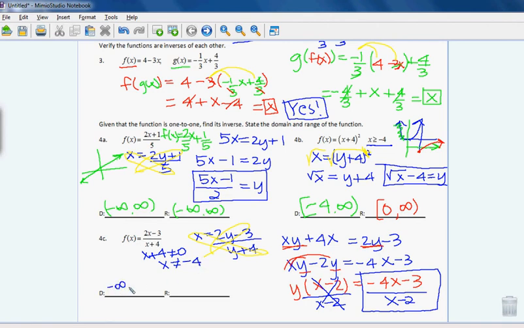Negative infinity to negative 4, and negative 4 to infinity. Okay, to find the range of this, you have to find the domain of your inverse. So here, if x was 2, this would become 0 and be undefined. So it can be everything but 2. So negative infinity to 2, 2 to infinity. All right, I'm going to go finish these up in a second.